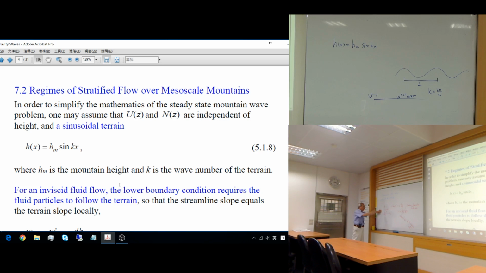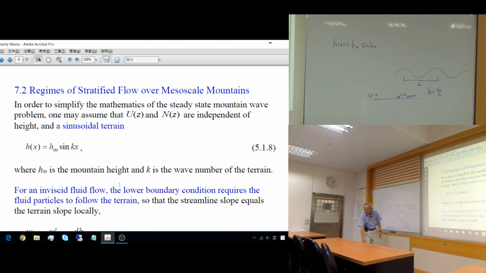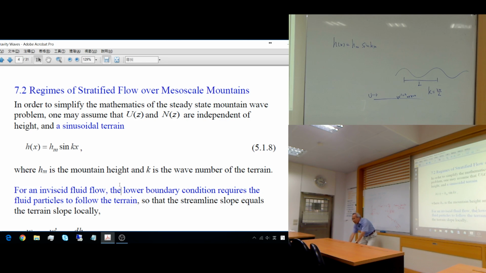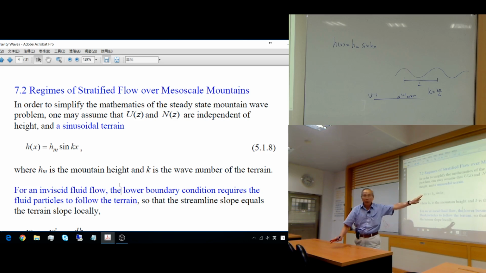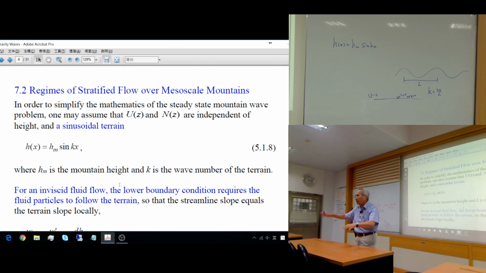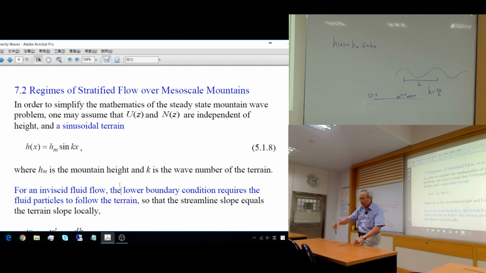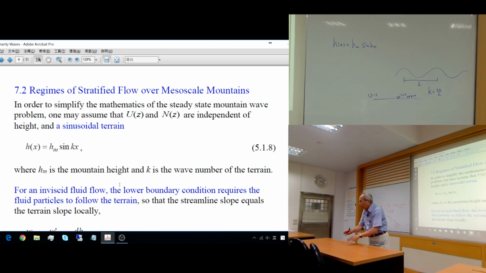V wind comes to here and becomes 0, but you can have U and W. And down here too, say this is the low boundary, so no mountain. Same principle: flow perpendicular to it becomes 0, that is W will be equal to 0, and flow will spread out. You can have U wind, you can have V wind, but you cannot have the perpendicular component of the wind at the rigid boundary.